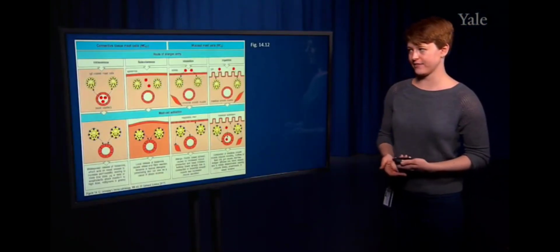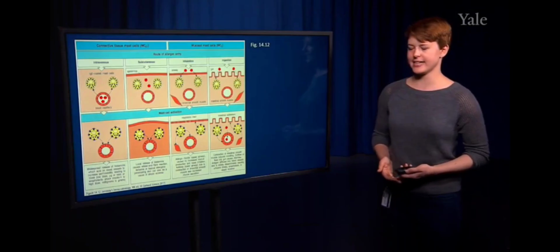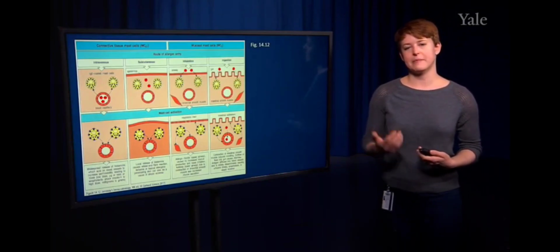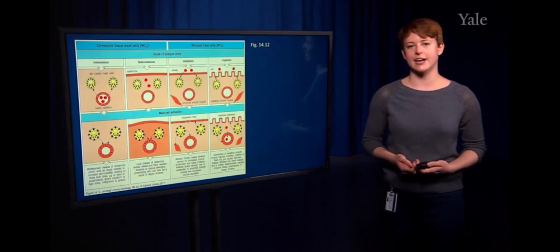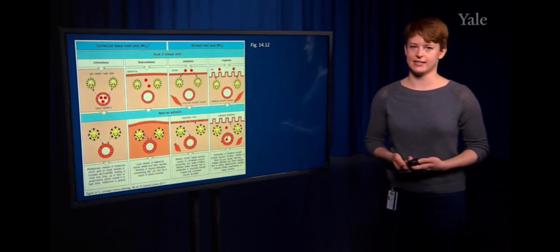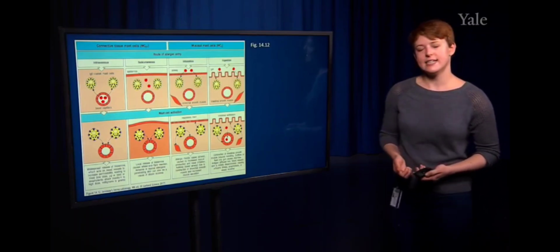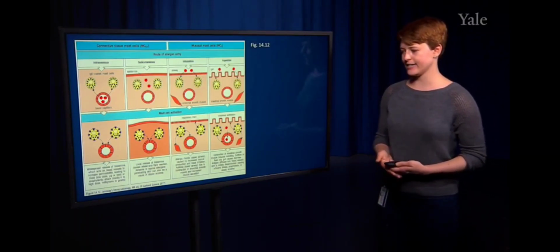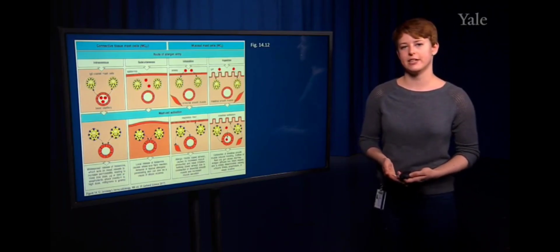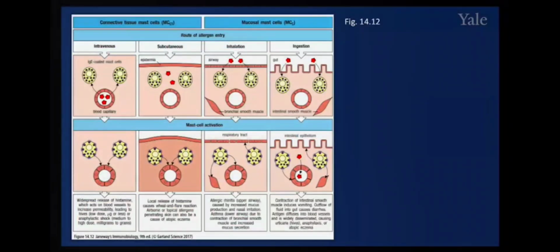And in this case, the allergen is able to permeate through the epithelium and interact with the IgE on mast cells there. These mast cells then will stimulate allergic rhinitis or upper airway inflammation, which is characterized by increased mucus production and nasal irritation and swelling and things like sneezing.